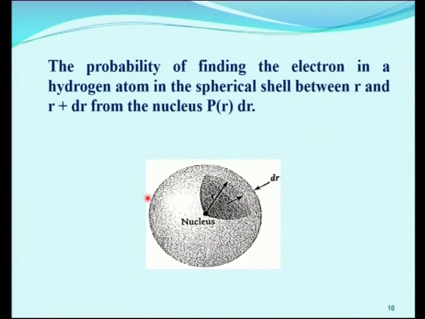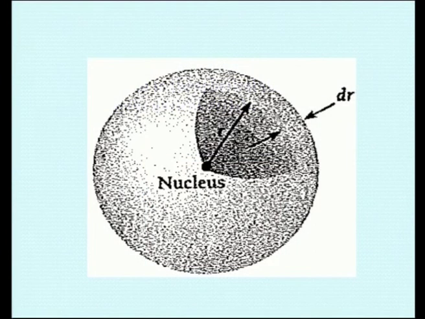So, the probability of finding the electron in a hydrogen atom in the spherical shell between r and r plus dr from the nucleus, we can see in this diagram. This is the nucleus. We know that the nucleus is in spherical shape. This portion is called one octant of the sphere.